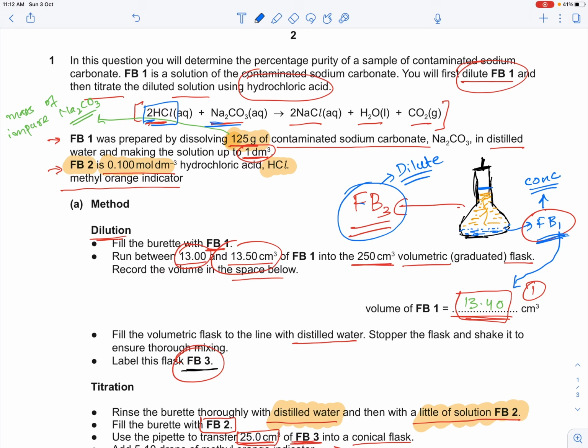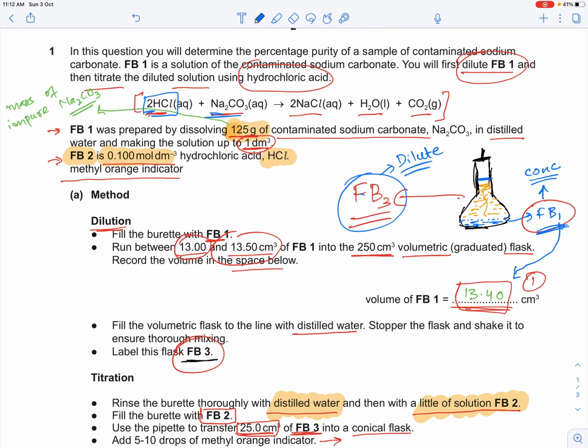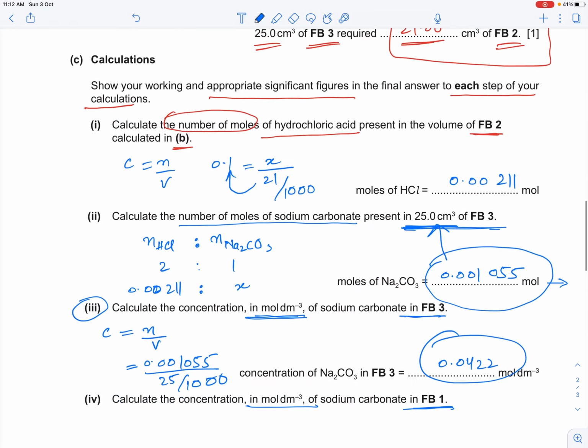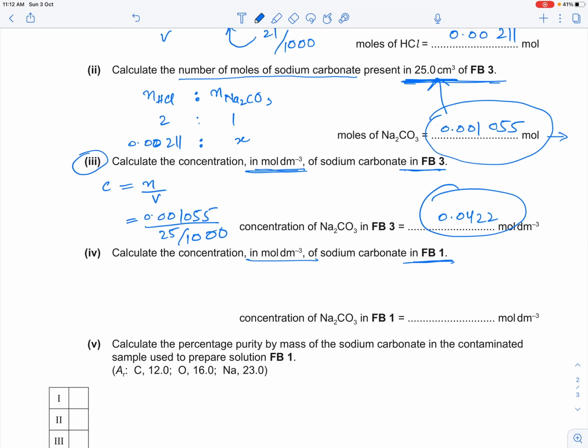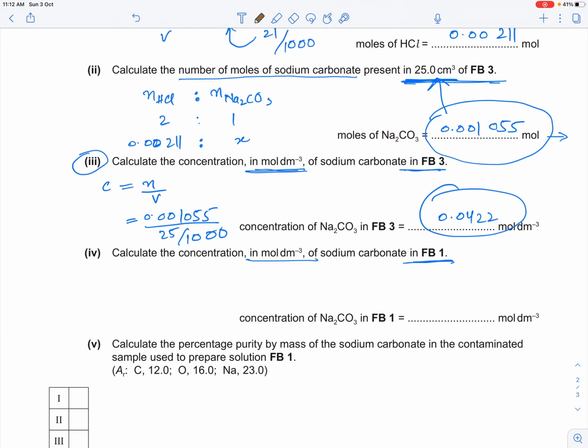So you had the concentration of the diluted solution, and now you want to know the concentration of the actual solution. To find the concentration of FB1 from the concentration of FB3, we simply use this ratio, M1V1 equals M2V2. M1 is the initial concentration and V1 is the initial volume.